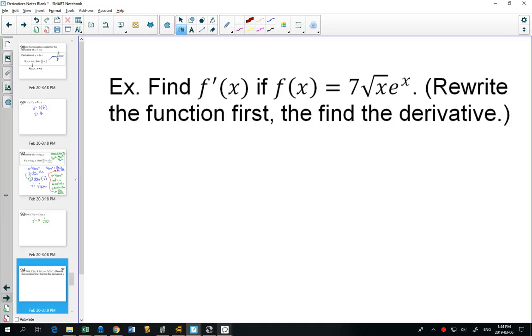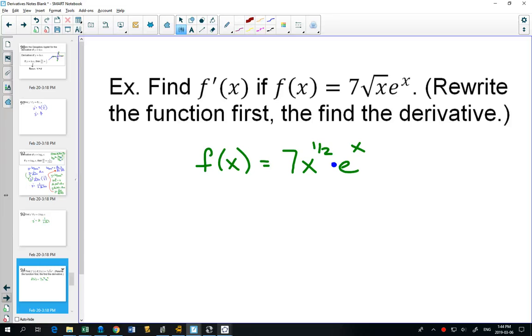Okay, so let's rewrite this into forms that we know. Every time we have a square root, we have a half. Can you see in this one that we do have a product right there, and we do have functions on both sides of that product with x?